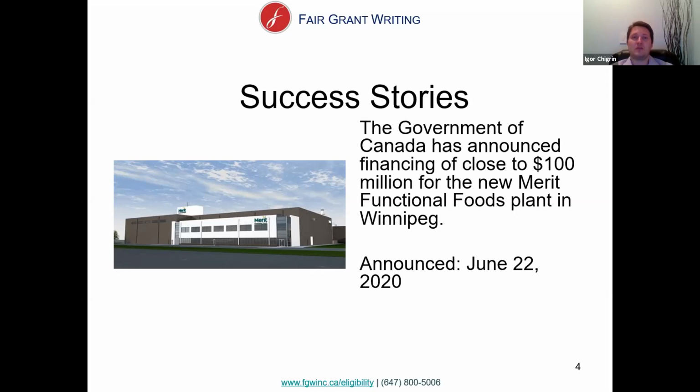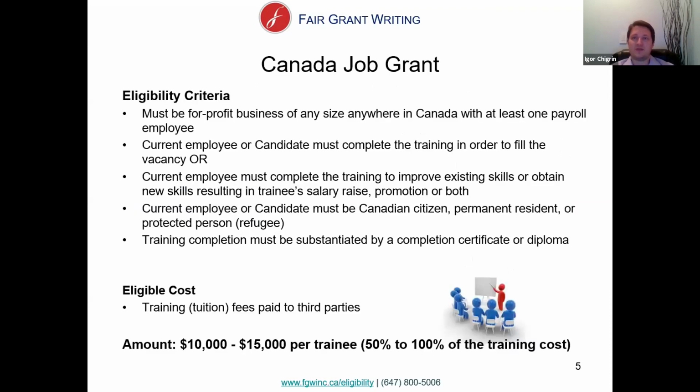So my point is that if your business is eligible, of course, and if you have enough ambition to develop your business, there is a good chance that you can tap into a pretty much unlimited amount of government funding.